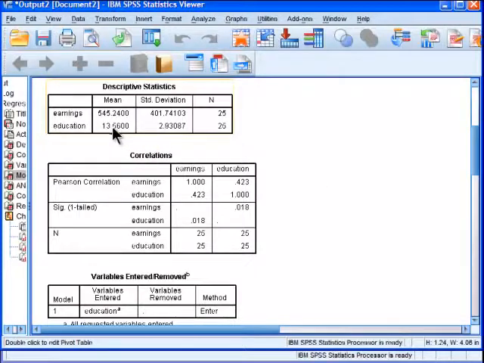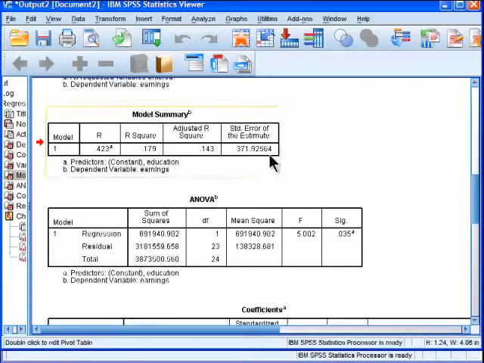As you try to predict what a person's earnings would be based on their education of, say, 11 or 10 or 8, as you deviate from the actual mean in the model, this standard error of the estimate will not be accurate anymore.